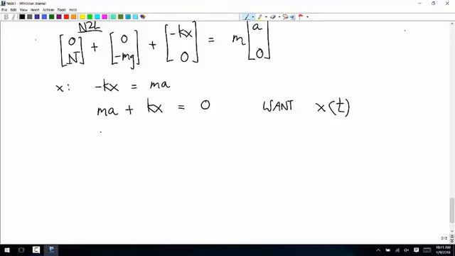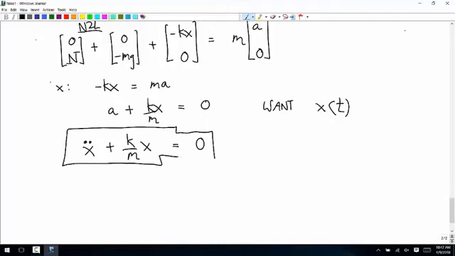So we can write this, dividing both of these by m, the differential equation says x double dot plus k over m x is equal to 0. So this is the main differential equation.